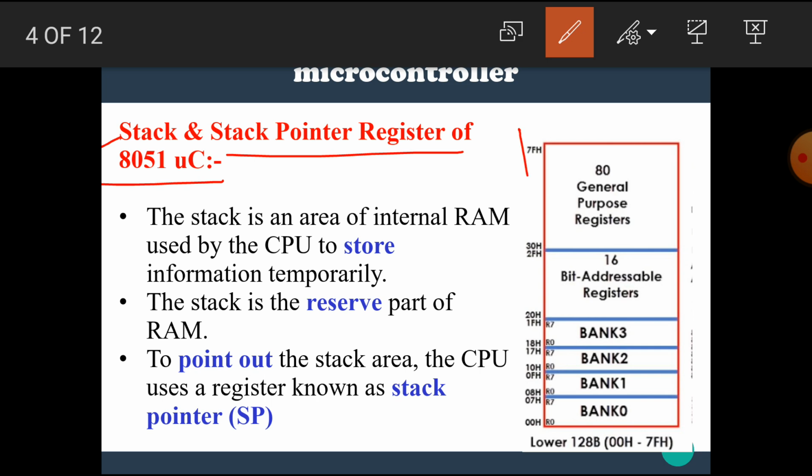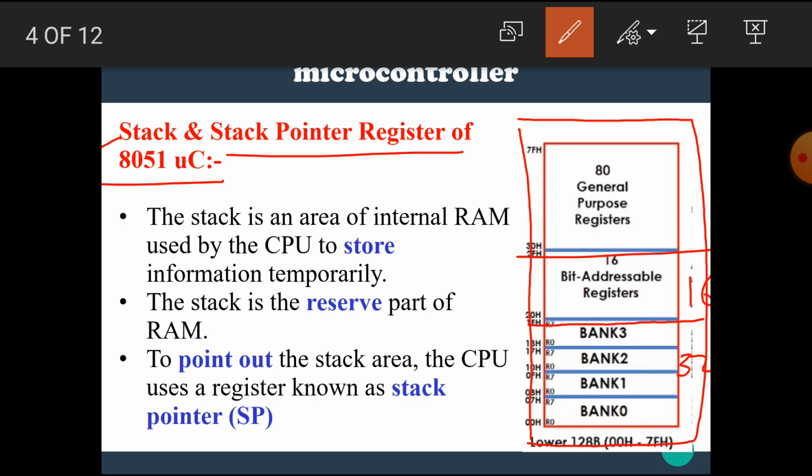Here is the diagram of the internal RAM organization of the 8051 microcontroller. There are 4 register banks which contain a total of 32 bytes, 16 bytes of bit addressable RAM and 80 bytes of general purpose RAM. That means there are a total of 128 bytes of internal RAM.